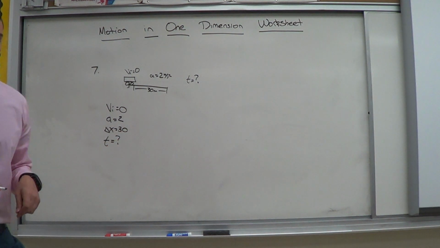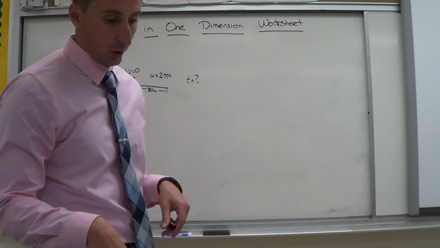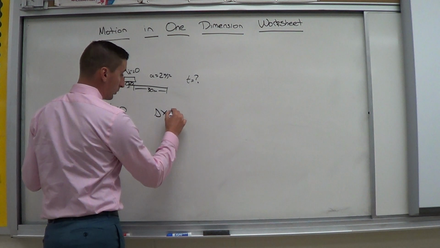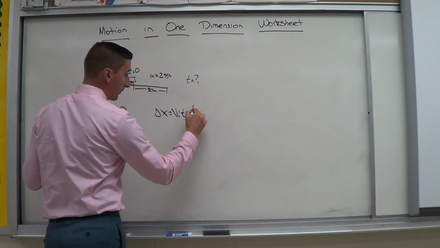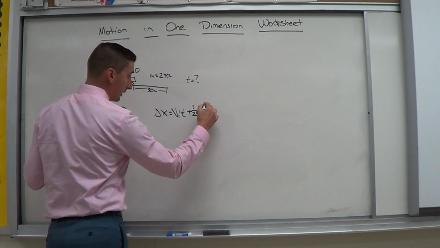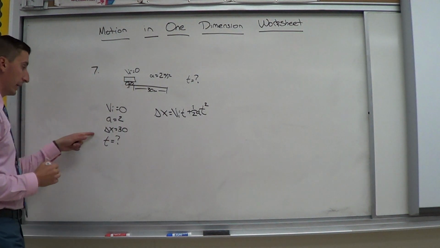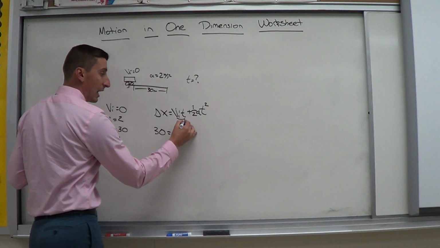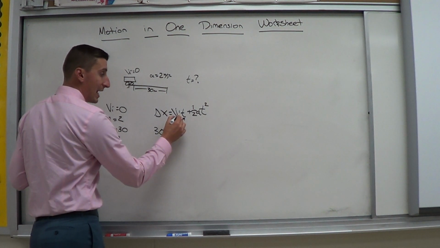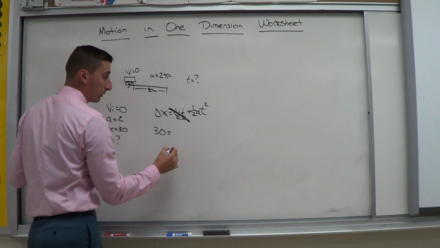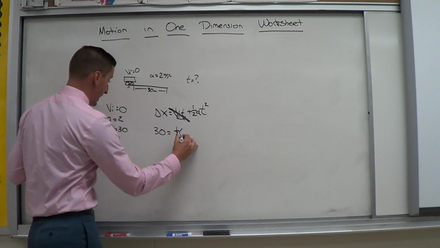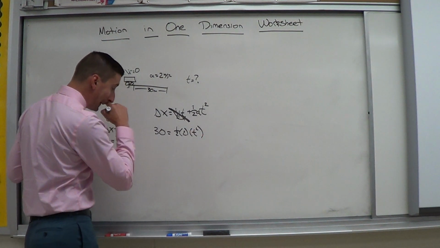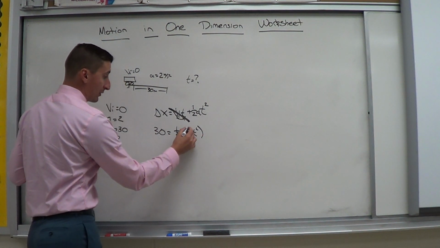So I look at my equation sheet again and figure out what equation to use. You're going to use this one: delta X equals VIT plus 1/2 AT squared. Plug in. Delta X is 30. VI is 0. 0 times anything, it doesn't matter what the time is. If VI is 0, that cancels that whole thing out. So I'm left with 1/2 times 2 times T squared. 2 times 1/2 is just 1.